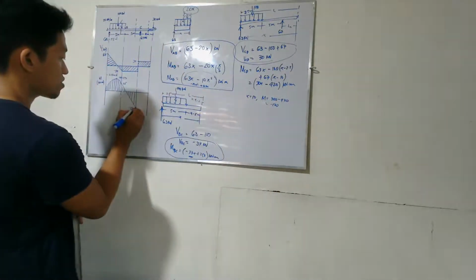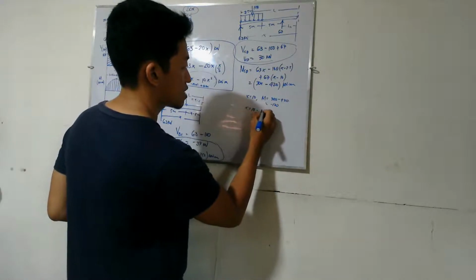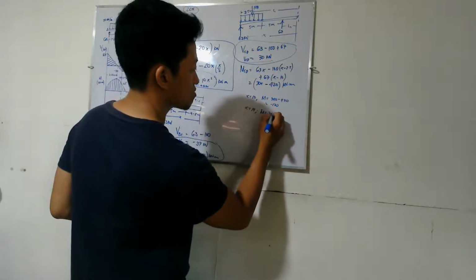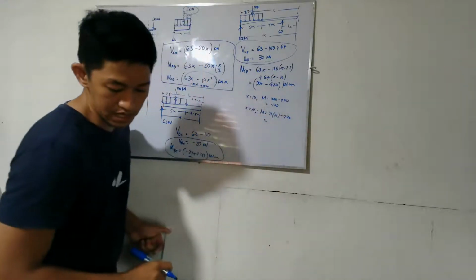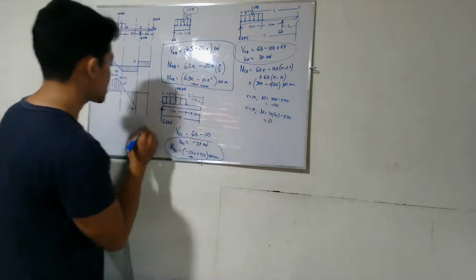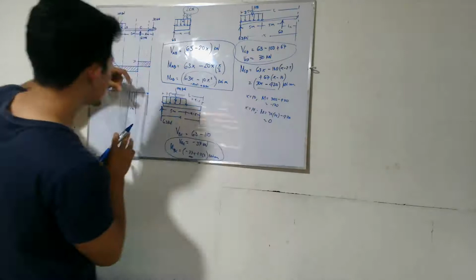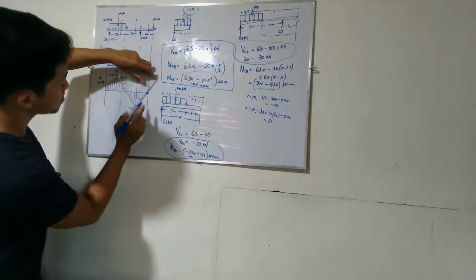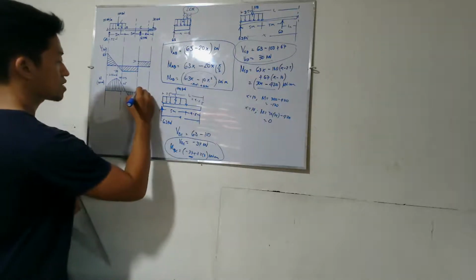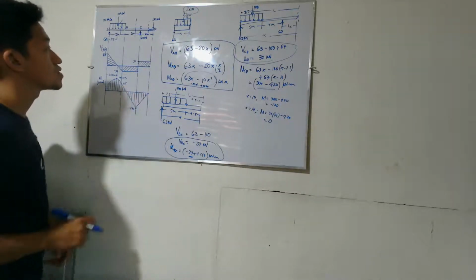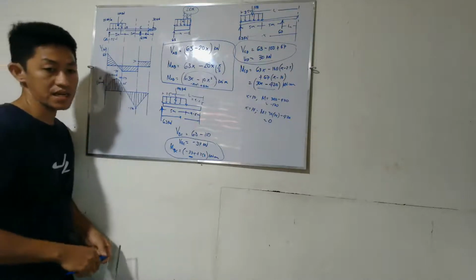X equals 14, M is equal to 30 times 14 minus 420, which is 0. Then draw the line for this equation. So this is now your shear and moment diagram.